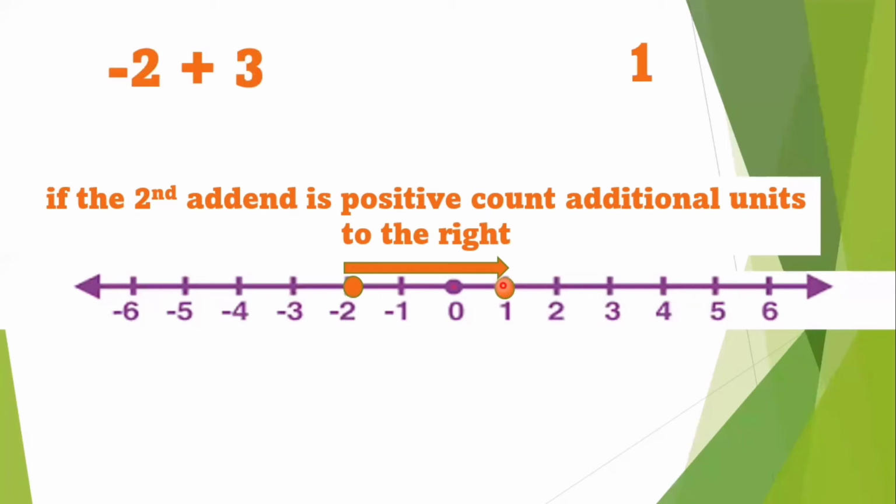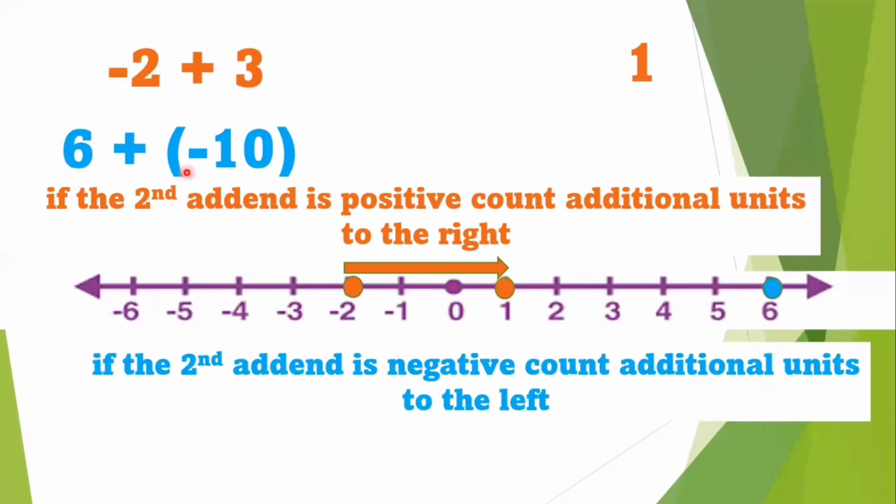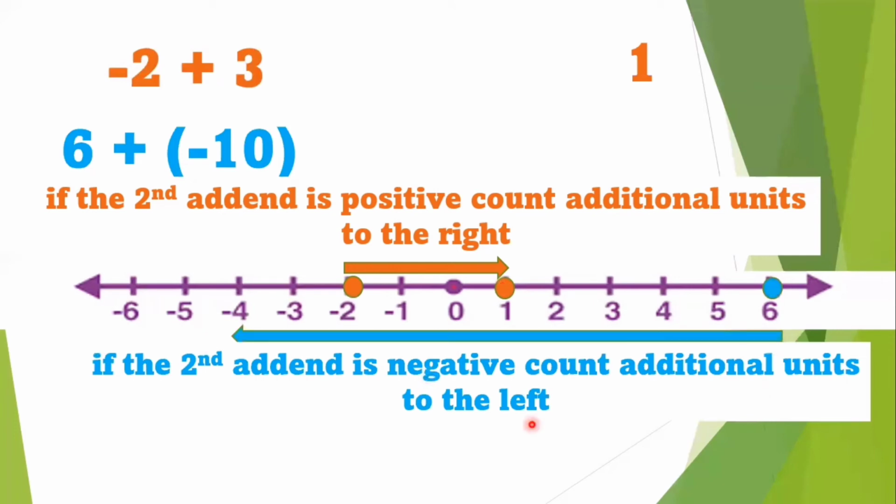Next, how about we have positive 6 plus negative 10? So, first step, locate the first addend, that is positive 6. And of course, if the second addend is negative, count additional units to the left. So, papunta sa left. We are going to count negative 10. So, magka-count tayo ng 10 papunta sa left.